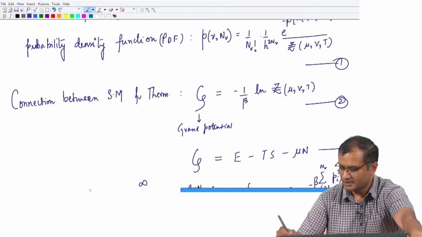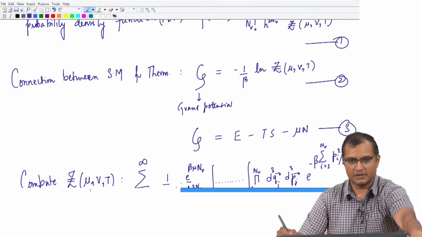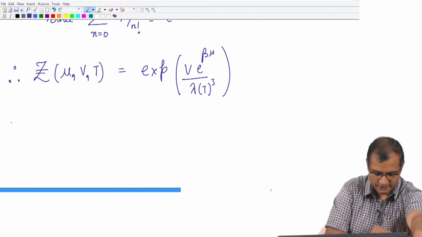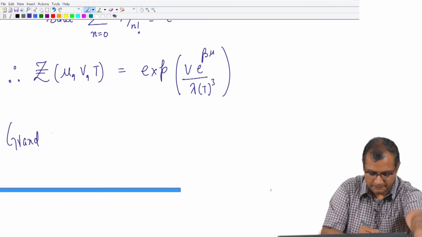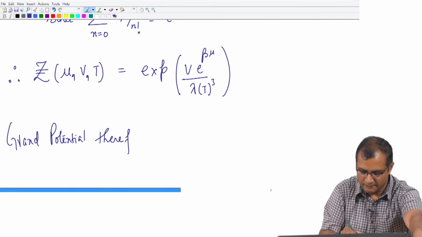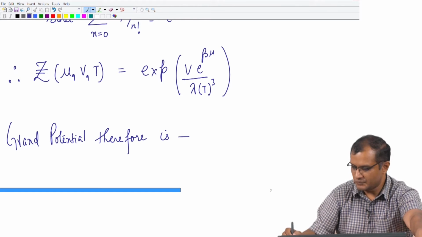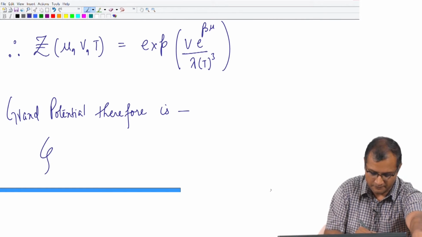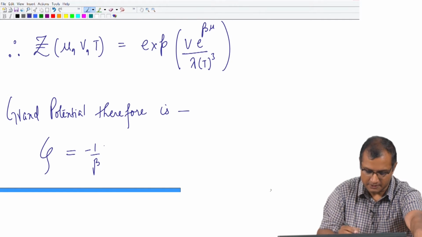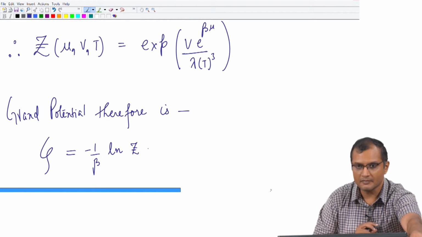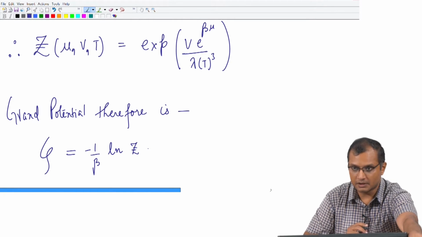So, let us first compute the grand potential, okay. So, the grand potential is nothing but minus 1 upon beta logarithm of our grand canonical partition function.